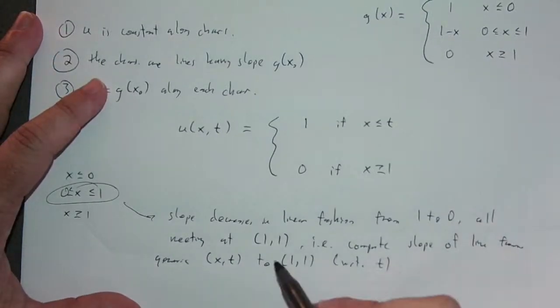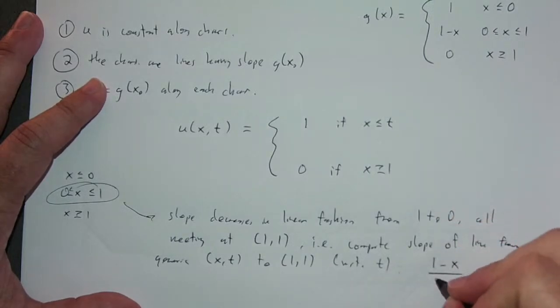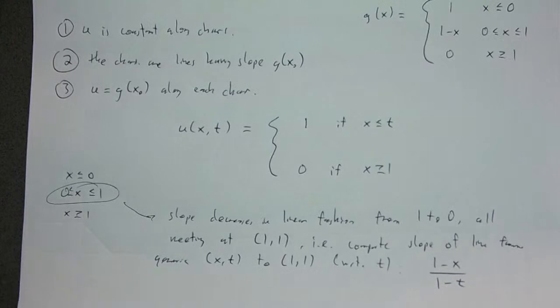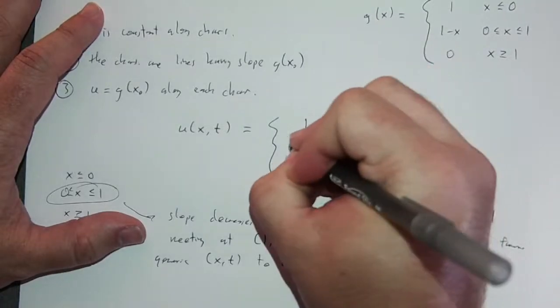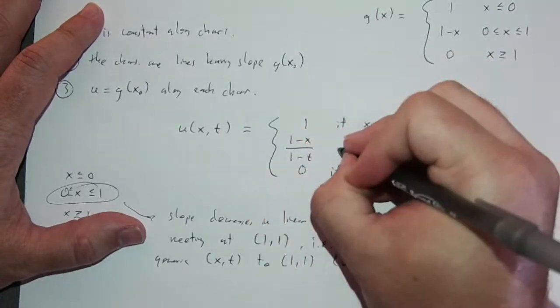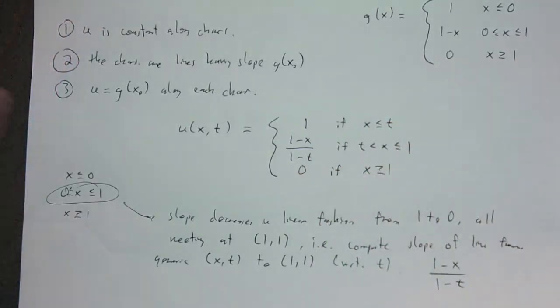The slope of the line from 1, 1 to generic x,t with respect to t is just 1 minus x over 1 minus t. And so this is 1 minus x over 1 minus t if x is between t and 1.